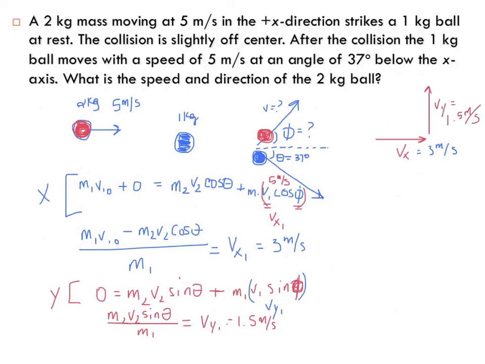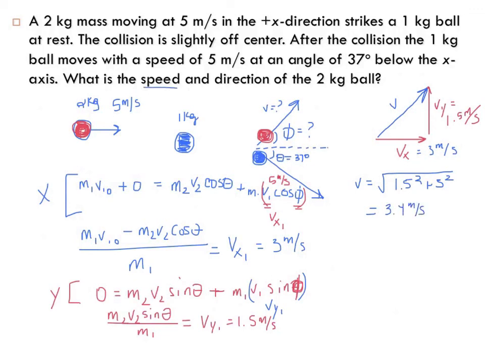And then what the problem's actually asking for is the velocity, so the resultant velocity in this case. To get that, it is the Pythagorean theorem of 1.5 squared plus 3 squared, which gives me a value of 3.4 meters per second, rounded.